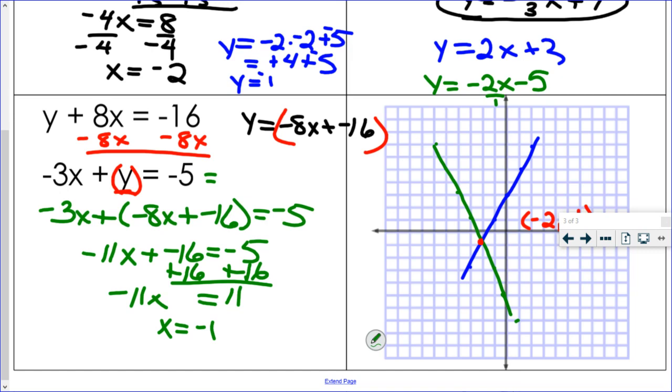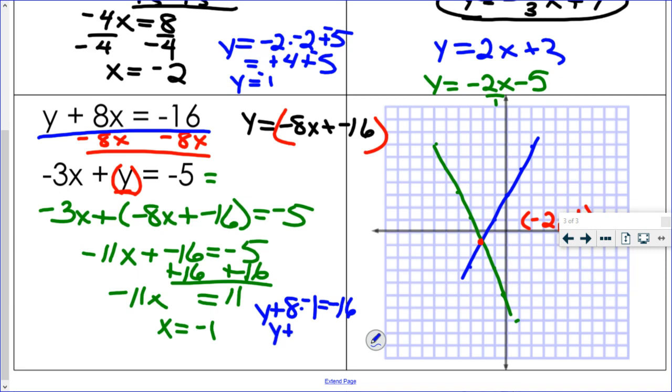And then again, plug it into either the top or the bottom equation. I always choose the top if you know me. I'm using this equation, y plus 8x, which is negative 1, equals negative 16.